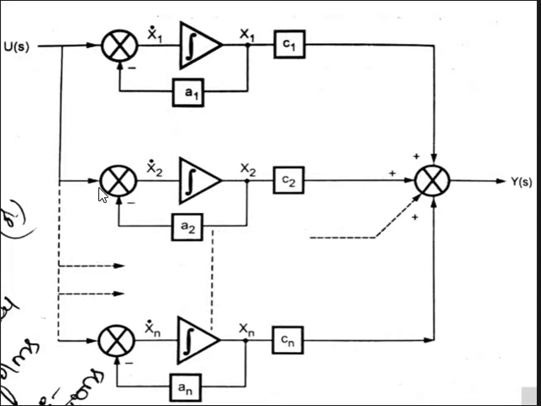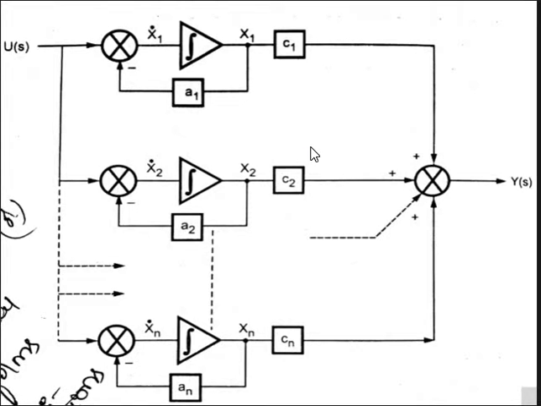The 1 by (s plus A2) programming is this one, and it is multiplied with C2, so we connect the series C2 block. Like this we can connect the number of blocks. Here all the blocks are connected with the input U(s), and finally all the blocks are summed together and given as the output Y(s). So this is the format of the parallel programming method.